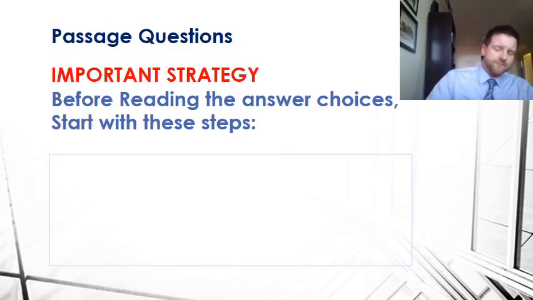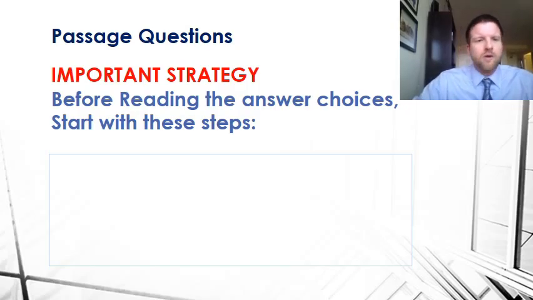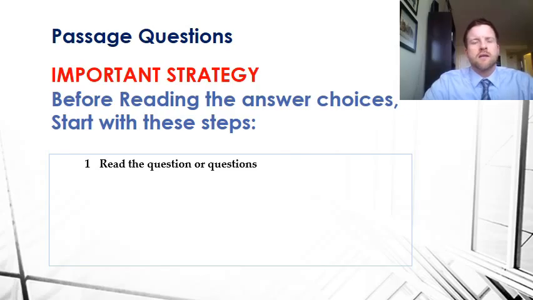Okay, so those are our missing word questions. Let's go on to passage questions, and let's first look at the strategy that we can use to approach these questions and help us get the most out of it. Here's another piece that's a bit counterintuitive: we want to read the question or questions first.